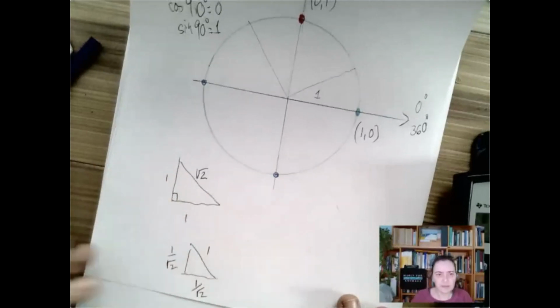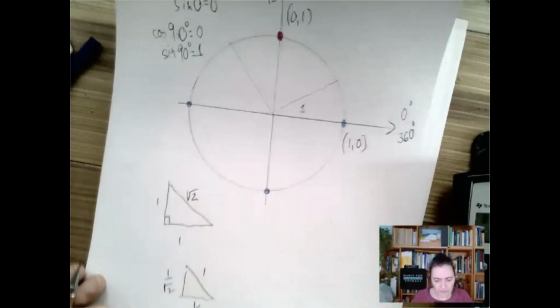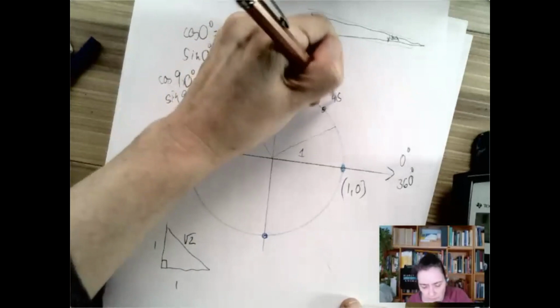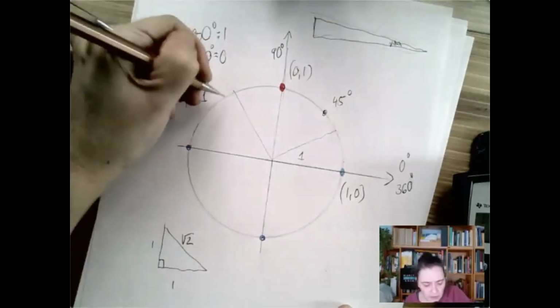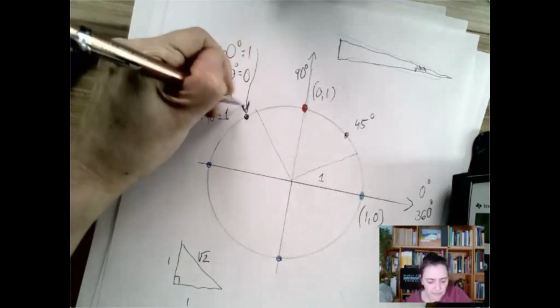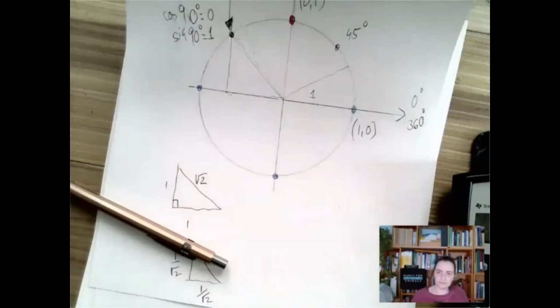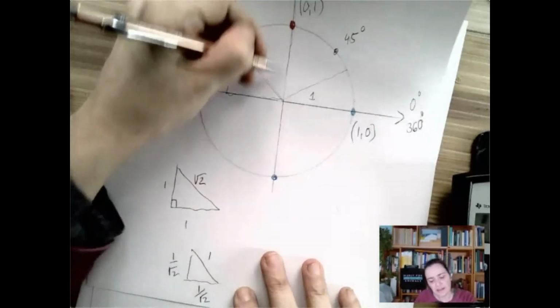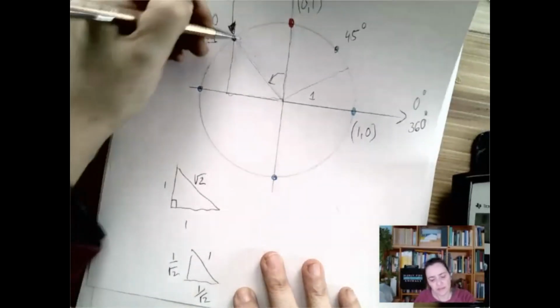If you want to think about 45, think diagonal or the midpoint. This in the middle, what angle can we assign to this point? That'd be 135.